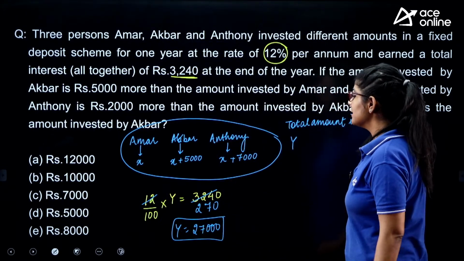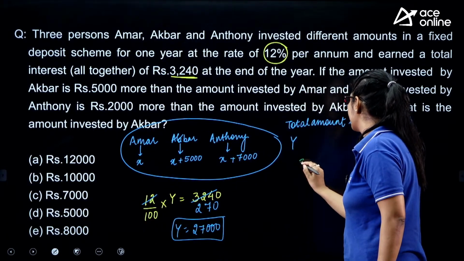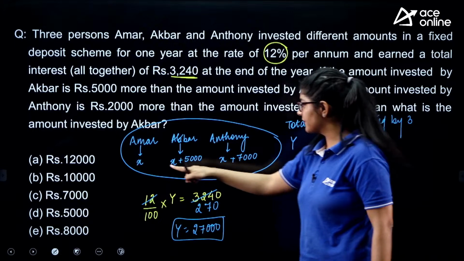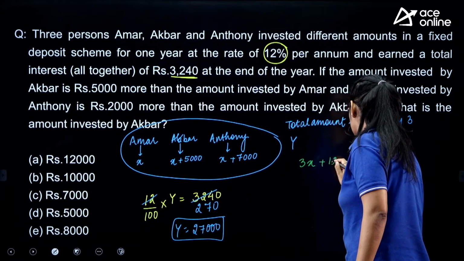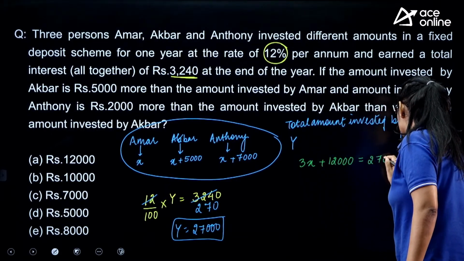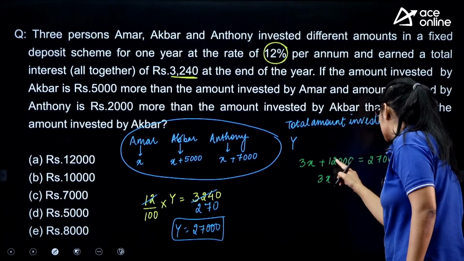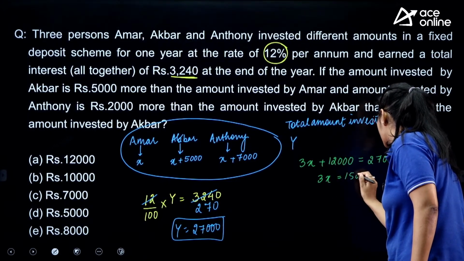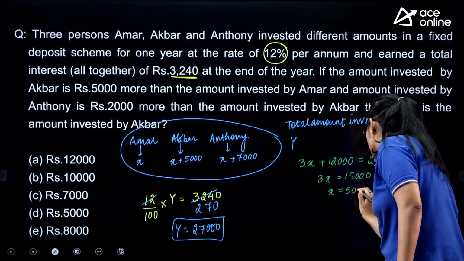So according to this, we can write 3x plus 12,000 equals 27,000. From this we can write 3x is 15,000, so the value of x is 5,000.